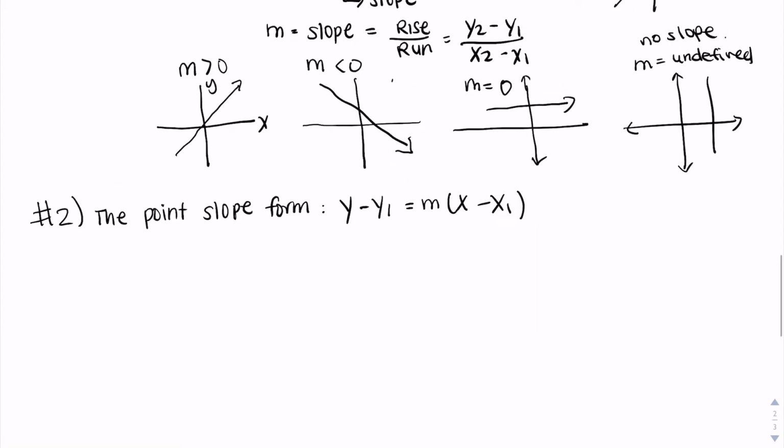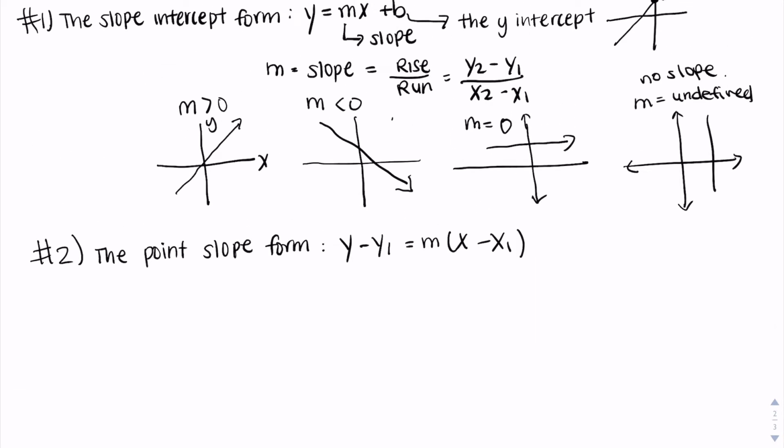It's basically the same as the slope-intercept form if you distribute the m times x and then m times negative x1.